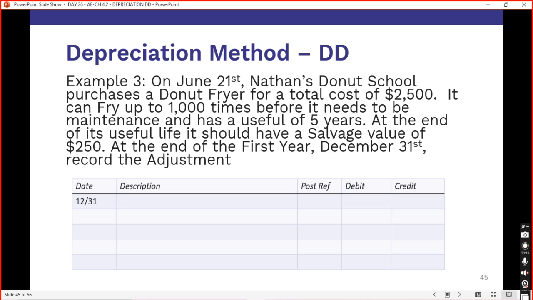At the end of the useful life, it should have a salvage value of $2,500. At the end of the first year, December 31st, record the adjustment. Okay? So we are assuming that the fiscal year is January 1st all the way to December 31st.